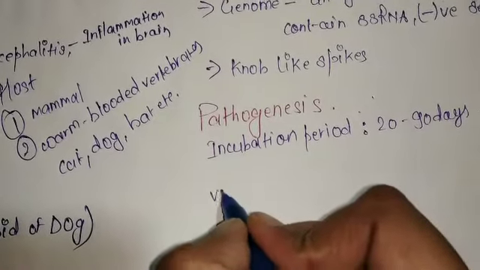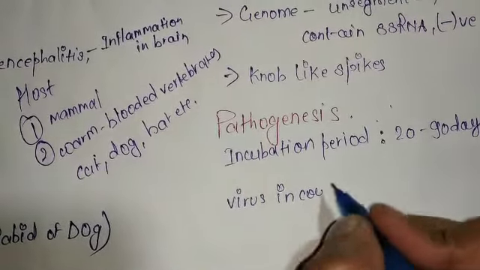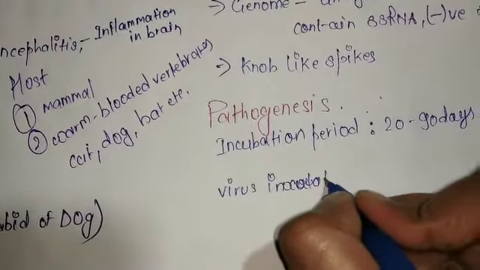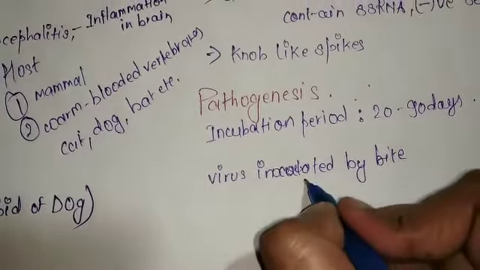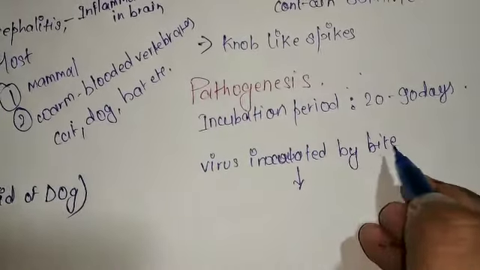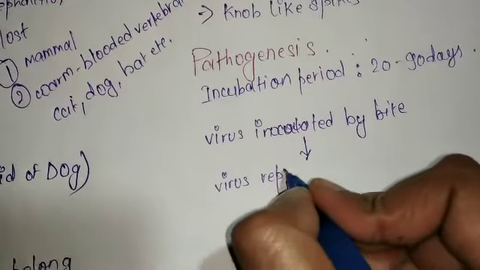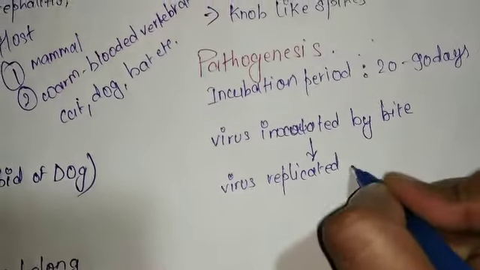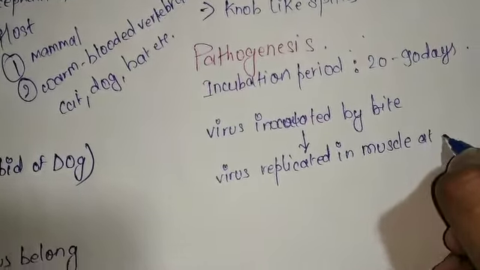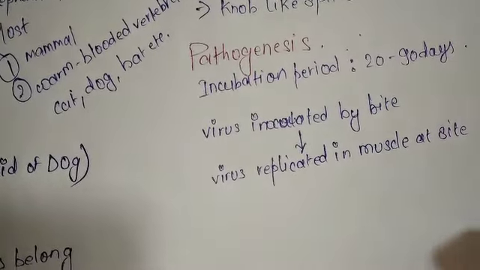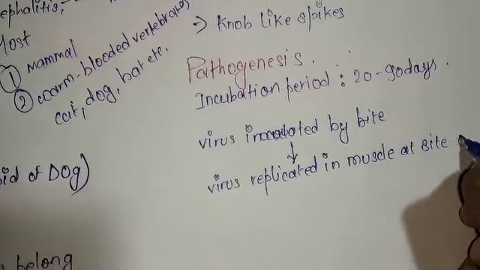First the virus is inoculated by bite, means when the dog bites the human or a host, the virus is inoculated by the bite. After this, the virus replicates in the muscles at the site of the bite, means where the dog has already bitten, there the virus will multiply.